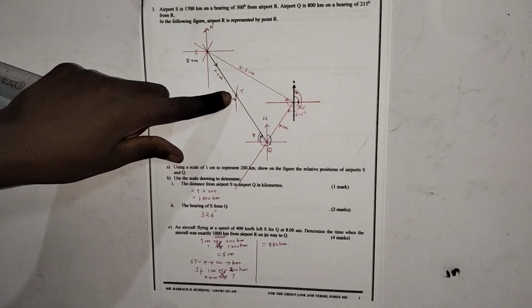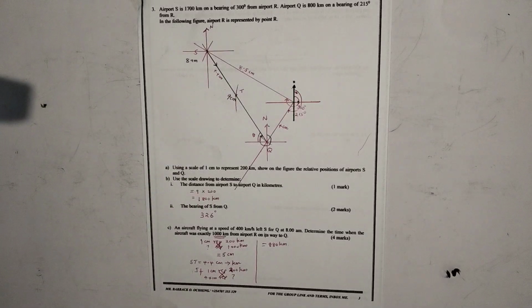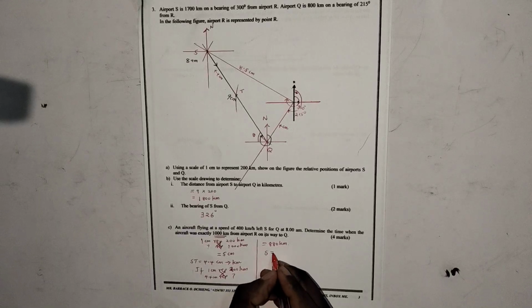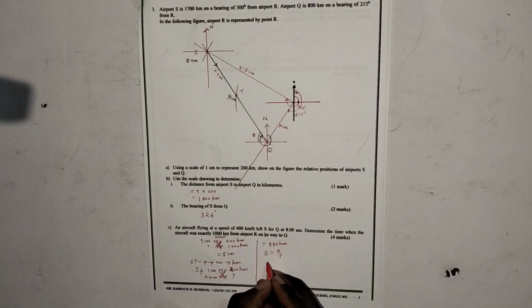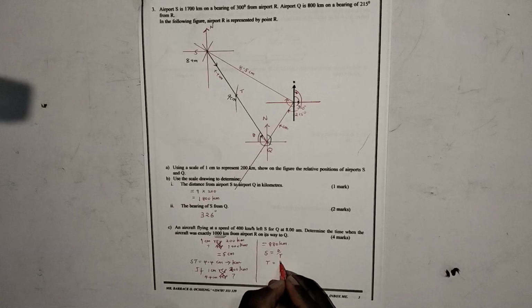Now, the question is, determine the time when the aircraft was exactly 1,000 kilometers from airport R on its way to Q. So we have been given speed. We know very well that speed is given by distance over time. So it therefore means that time is distance over speed.